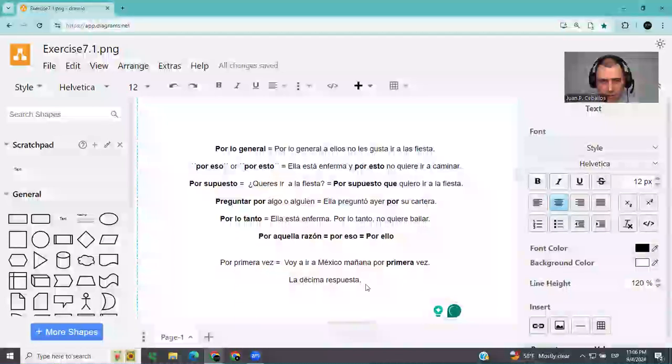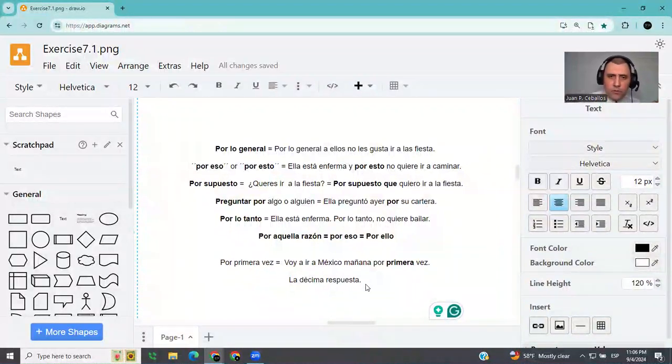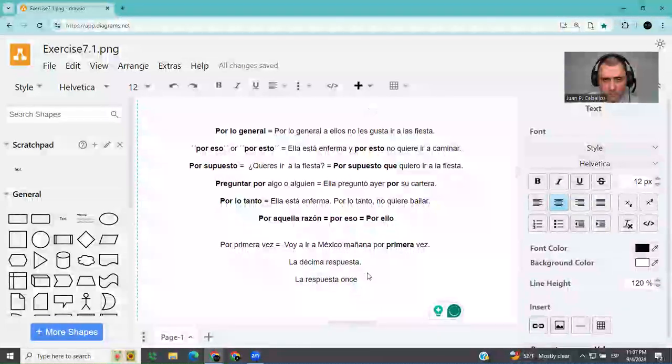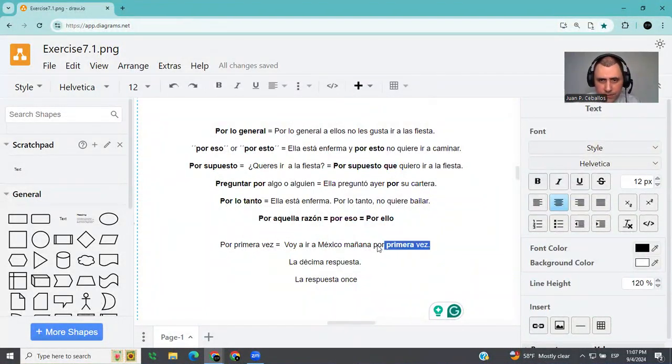And after 10, you don't say this anymore. You say la respuesta 11. But with this expression, it is different. With this expression, you always keep using ordinal numbers even after 11.